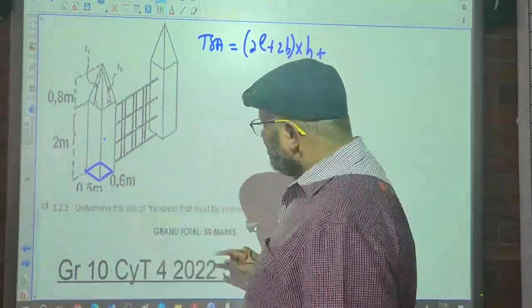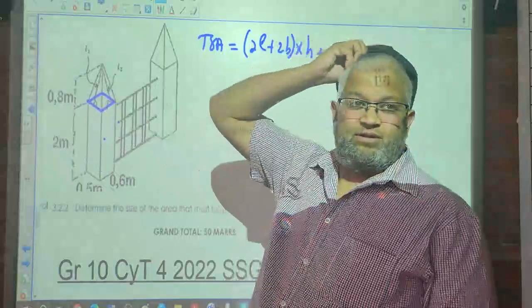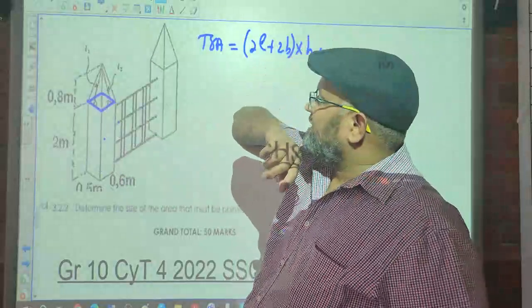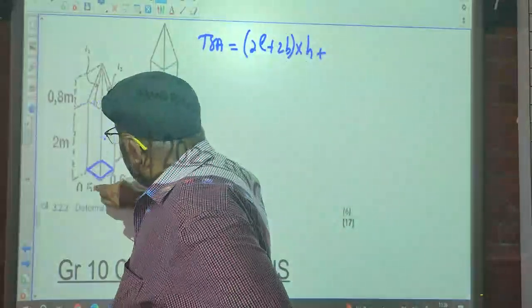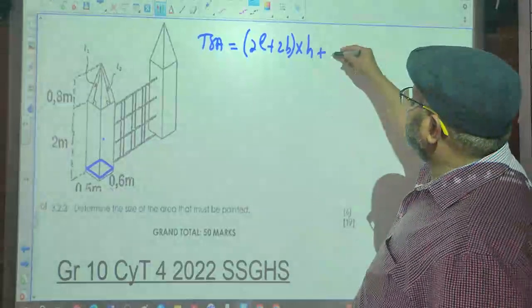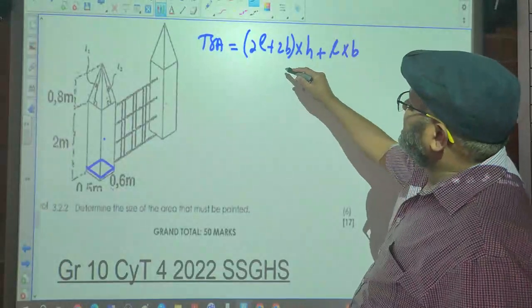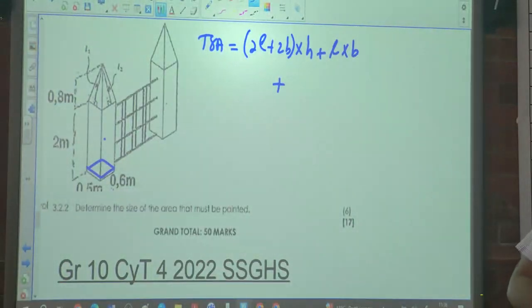Now, am I going to consider this part here on top also for your external surface area? No. So I'm just going to say area of base, which is length times breadth, plus. So that is for the rectangular prism.